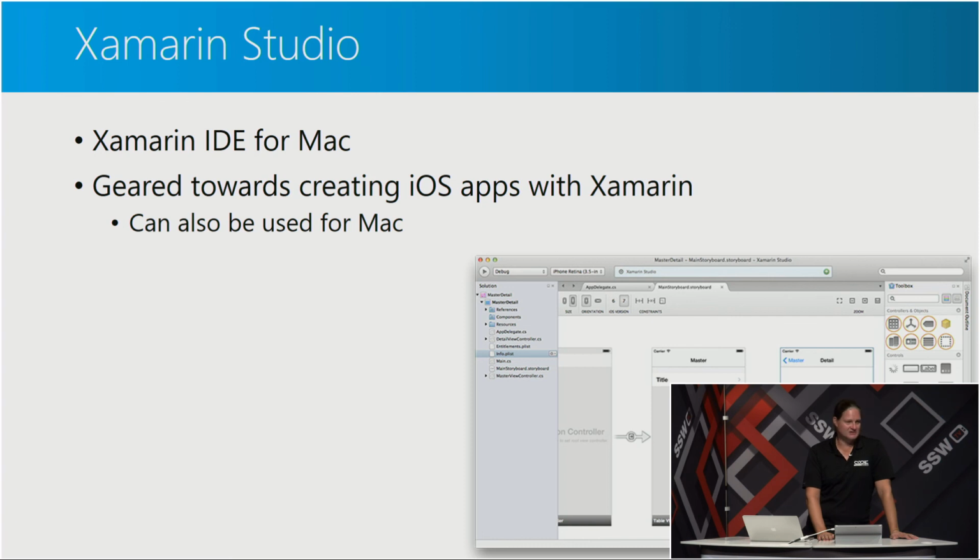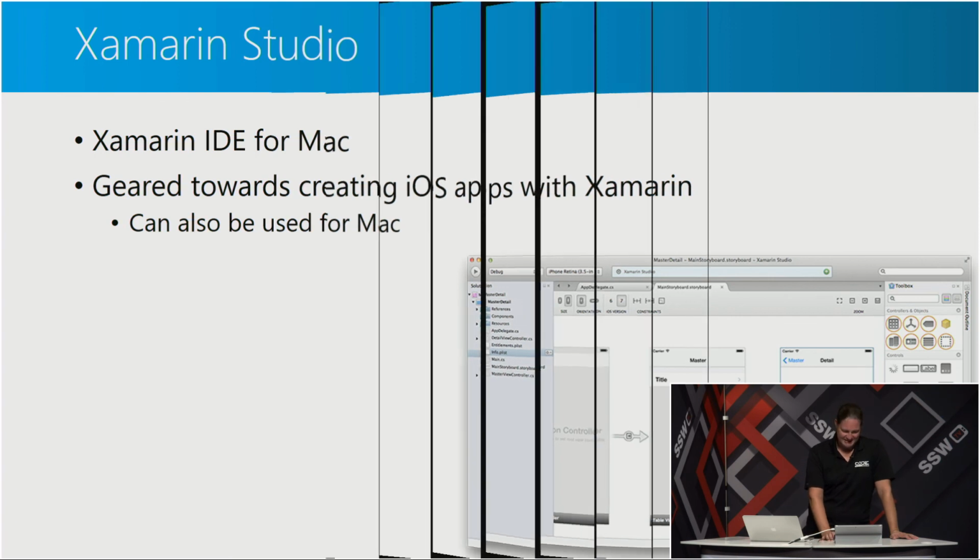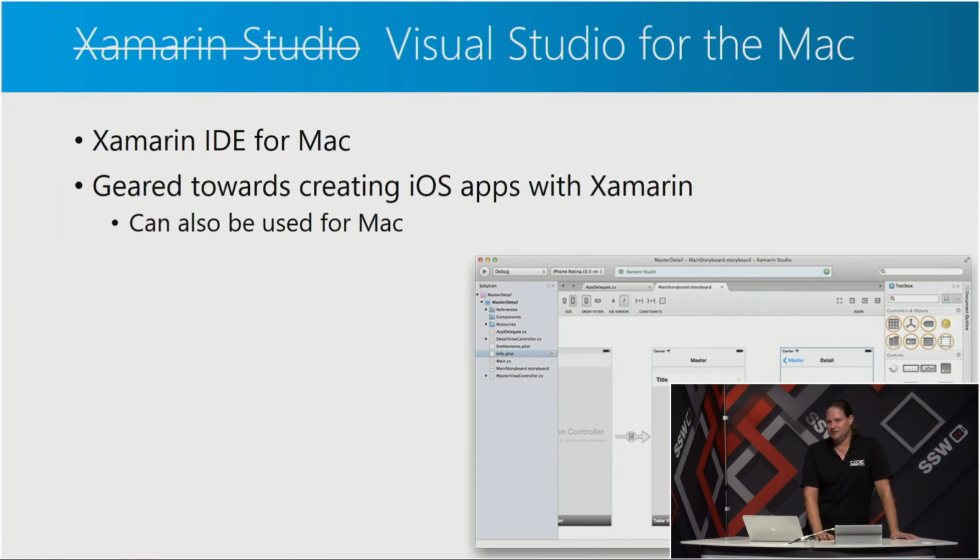But what's the news there, and what's really kind of exciting is that Xamarin Studio is actually turning into Visual Studio for the Mac. So that's a new brand that Microsoft is launching. You can now get a pre-release version for that. And that, of course, does everything that Xamarin Studio used to do, because that's essentially what it is. But they are now putting a huge amount of effort into this and turning it into more of a real Visual Studio.